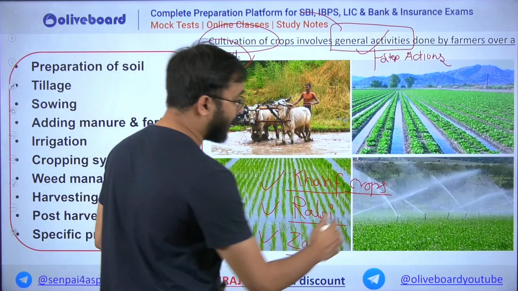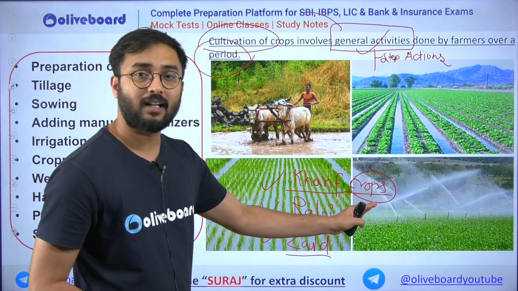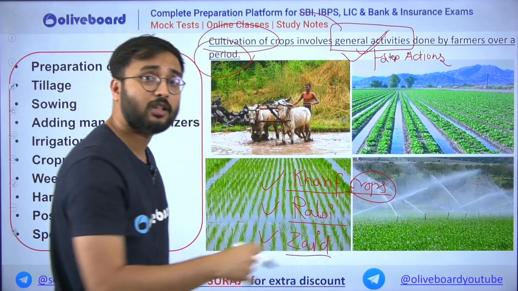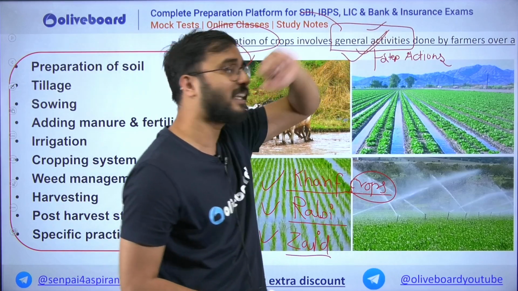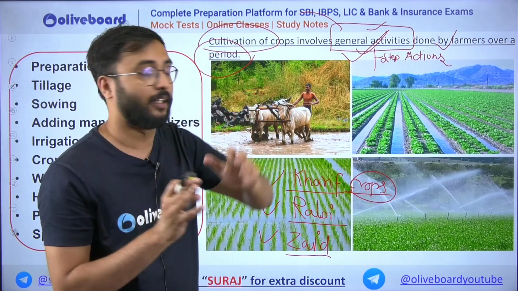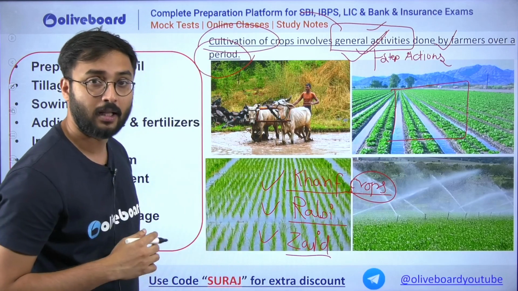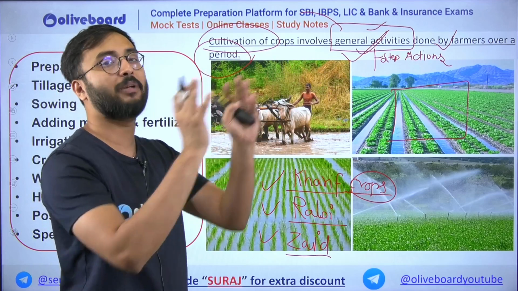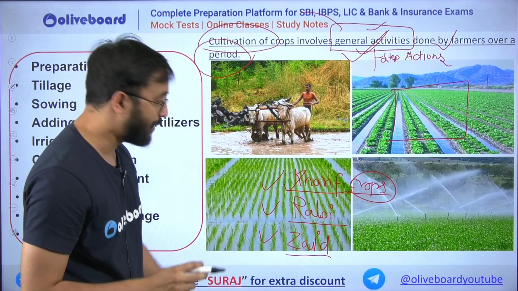So during each of these seasonal cropping or agricultural cycles, if a farmer is carrying out his cultivation of crops, his growth of crops, and following certain activities on his unit piece of land, whatever the total acreage he has, maybe 10 hectares, maybe 5 hectares, over a period of time, it may be 1 year, it may be seasonal.